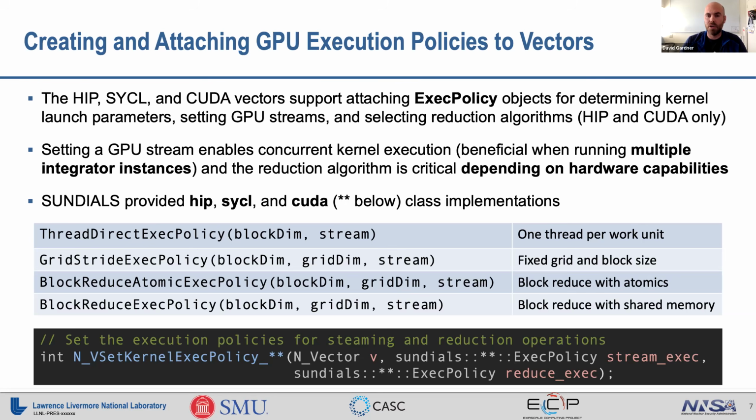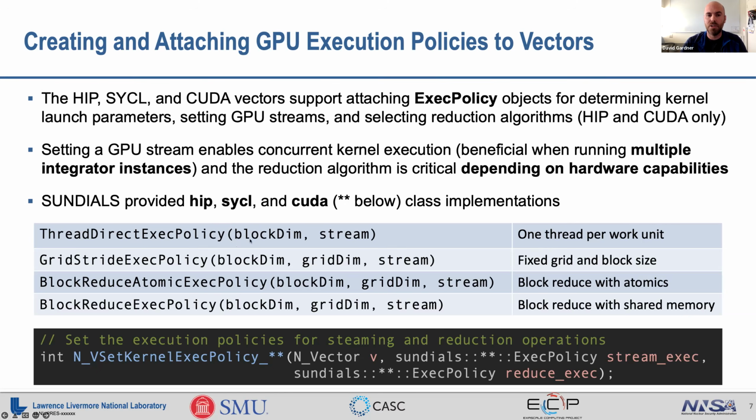These are either a block reduce that uses atomic operations, or a block reduce that relies on shared memory. And so choosing between these can be very important depending on what the hardware has support for. For example, if it has support for hardware atomics on doubles.